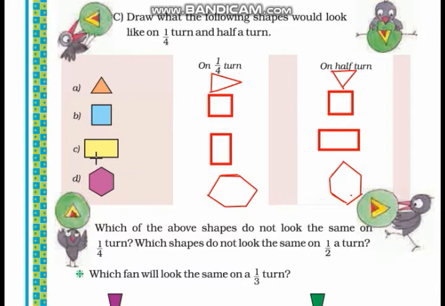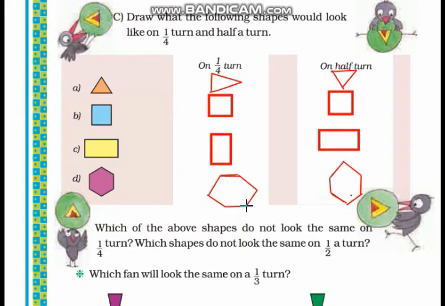Then rectangle. Rectangle will not look the same on a 1/4 turn. If we rotate it 90 degrees, it will look like this, and it will look the same on a half turn. Then hexagon. Hexagon will not look the same on a 1/4 turn, because if we give a 1/4 turn to this hexagon, this pointed portion will come to this side.